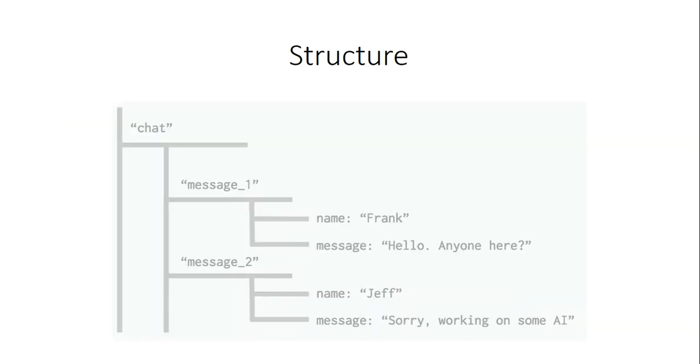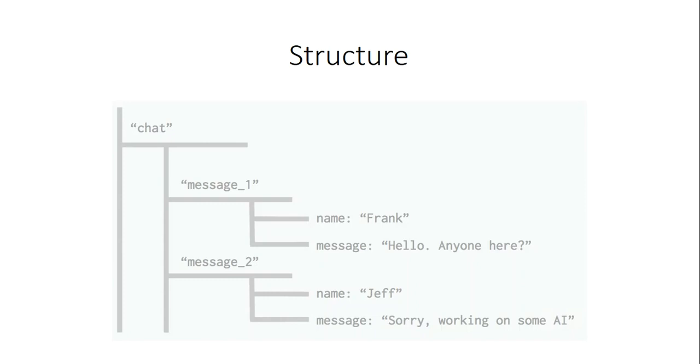If we talk about the structure of Firebase Realtime Database, you can see there's a chat screenshot and we have two messages here. Key-value pairs are there: name and message. Name and message are the keys, and the values are Frank and Jeff as the name, and "hello anyone here" and "sorry, working on some AI" as the message, right?